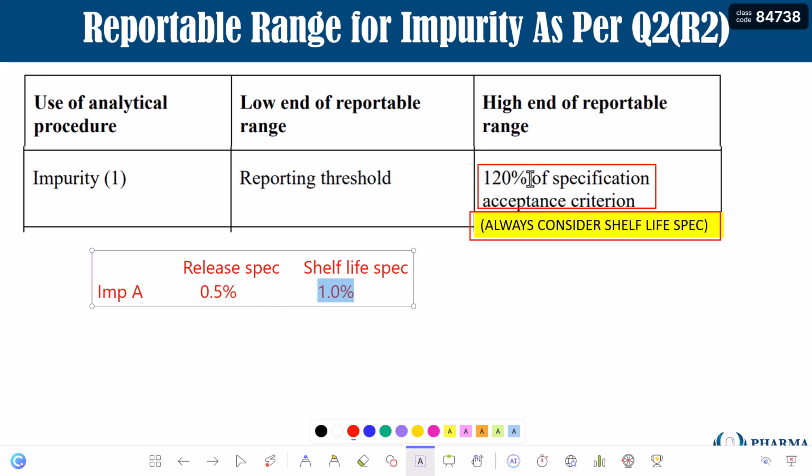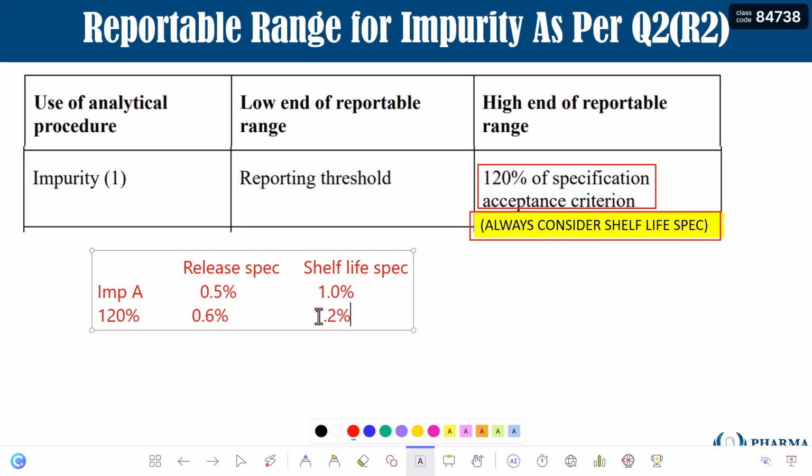You need to always calculate this 120% with respect to shelf life specification. Why? Because this is going to be the worst case concentration. If I calculate 120% of each specification, this will become 0.6%, isn't it? I'm just calculating 120% of the release spec, and if I calculate 120% of the shelf life spec, that will become 1.2%.